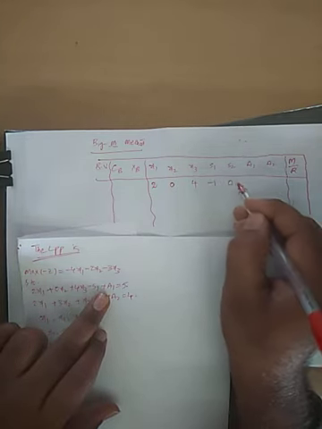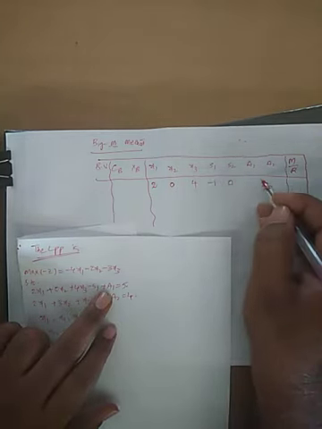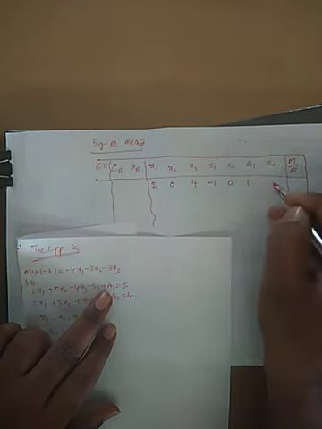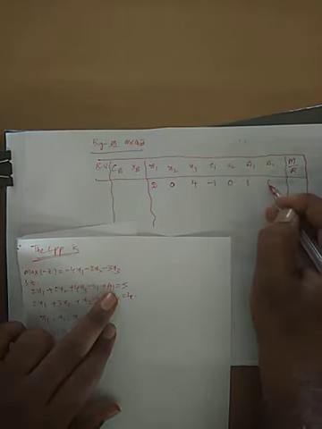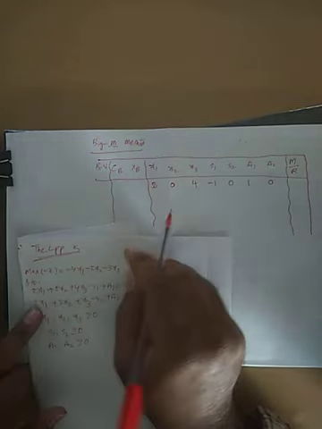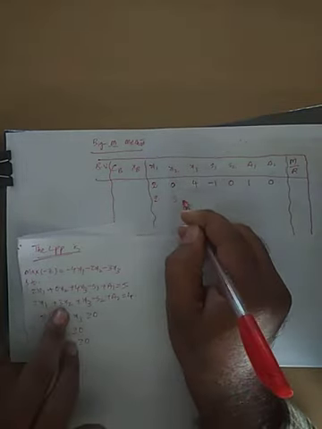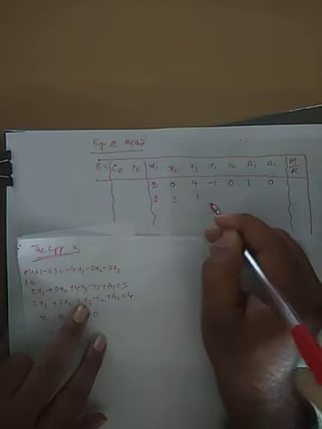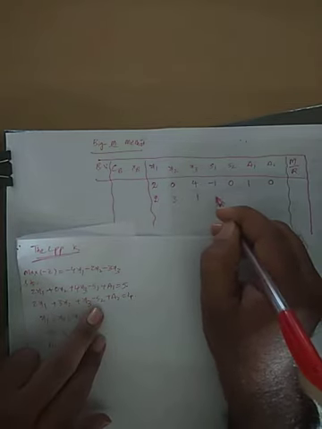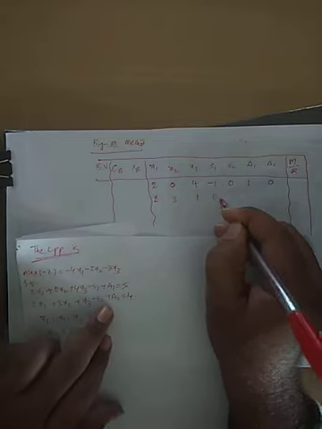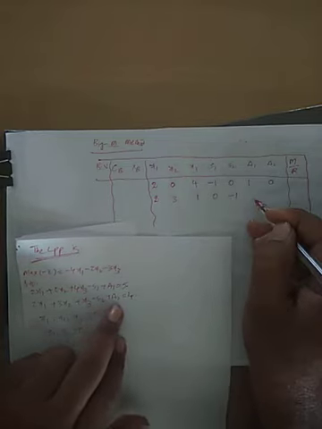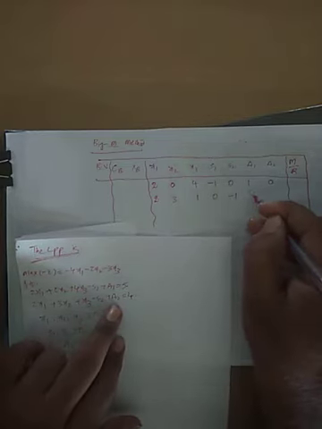If you want, you can write 0 s2 also. Now what is here? 1. Now a2 is not there, 0. The next one is 2. Now 3. Now 1. The next one is not there, hence 0. Now -1. a1 is not there, 0.